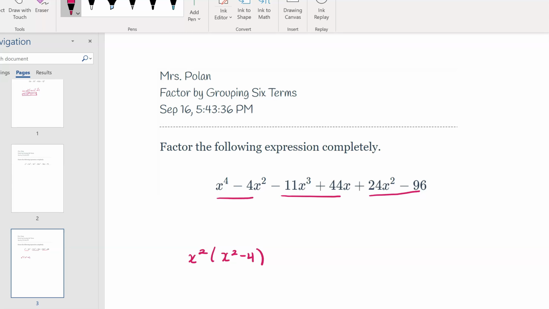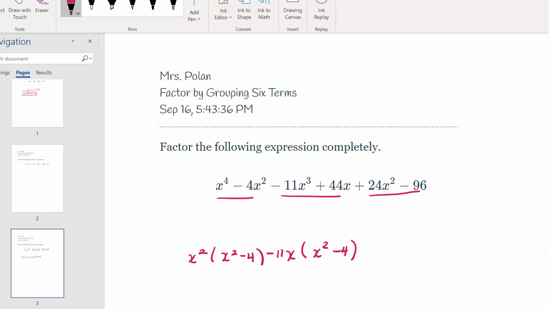For the second group, I know 11 is in common as well as x, but also you never want to have a negative leading coefficient, so we're going to factor out a negative 11x. 11x cubed divided by a negative 11x is simply x squared. 44 divided by negative 11 is negative 4.